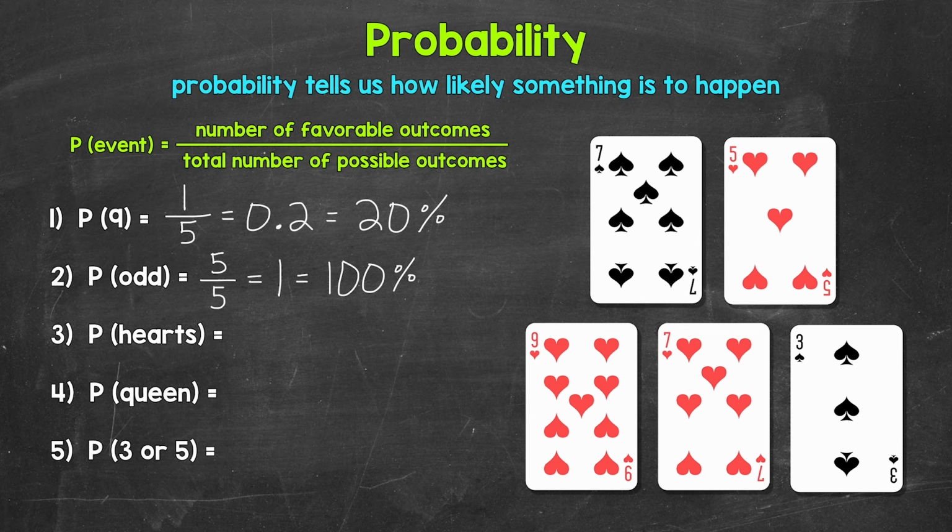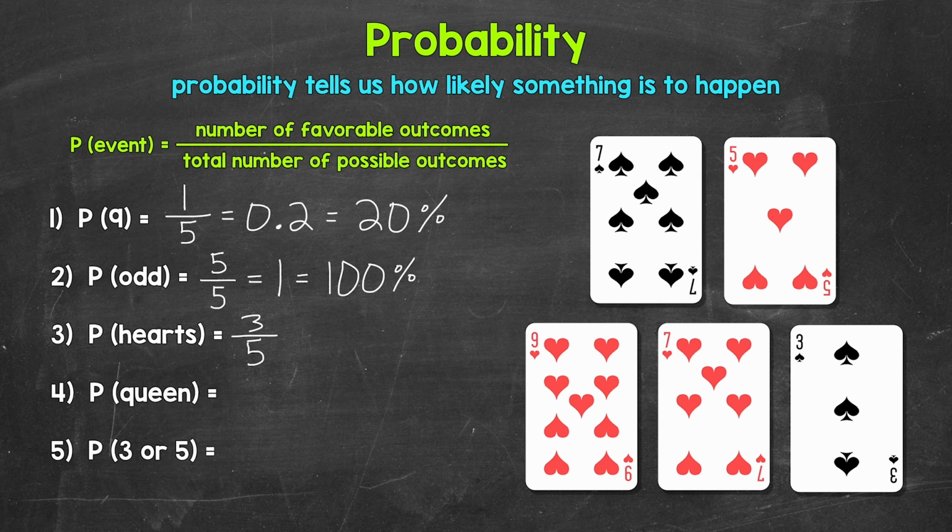Let's move on to number 3. What's the probability of picking a card with hearts? Favorable outcomes? Well, there are 3 cards with hearts. So we have 3 favorable outcomes. That's our numerator. And as far as the total number of possible outcomes, that's 5. There are 5 total cards. So our fraction is 3 over 5, 3/5.